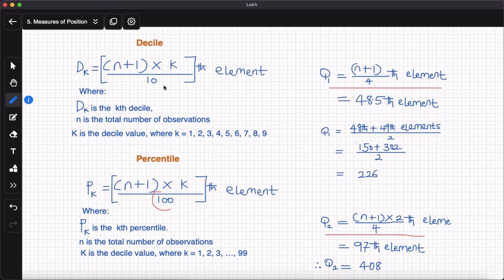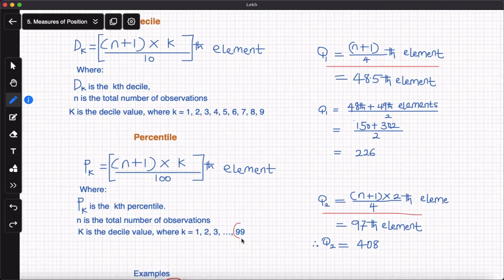Sorry, you have 9 deciles actually, but the decile divides your population, since we're using 10 here, into 10 equal parts, and here, since we're using 100, the percentile divides your data set into 100 equal parts, but we only have 99 percentiles.